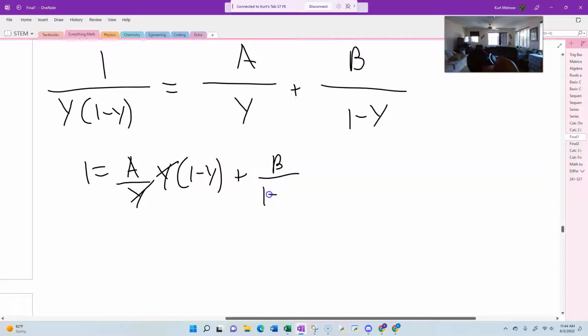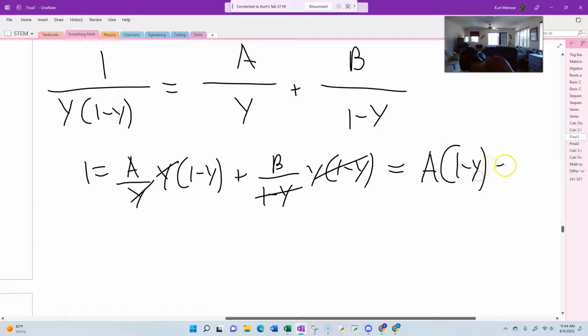You get a(1 minus y) plus by. Usually I skip a lot of steps here, but I'm not going to do it for you guys. I promise you can do this.